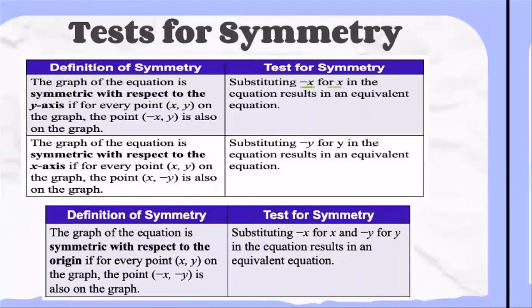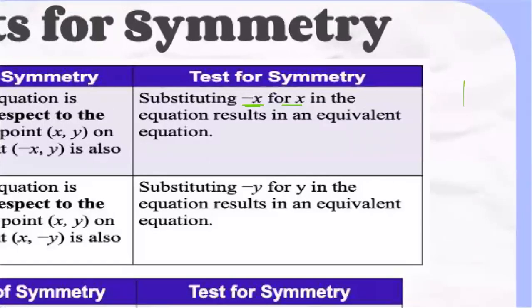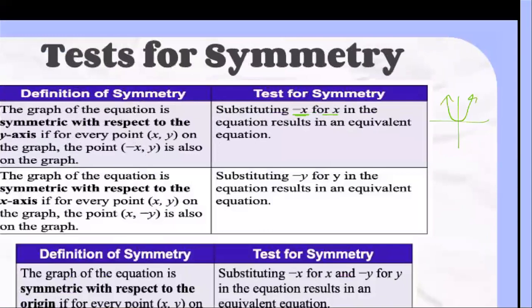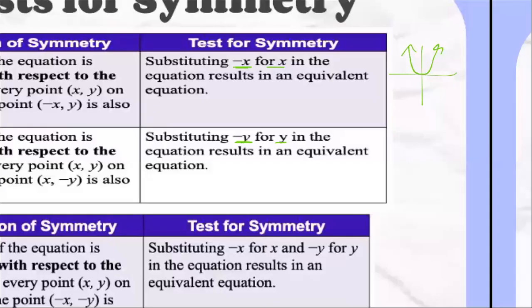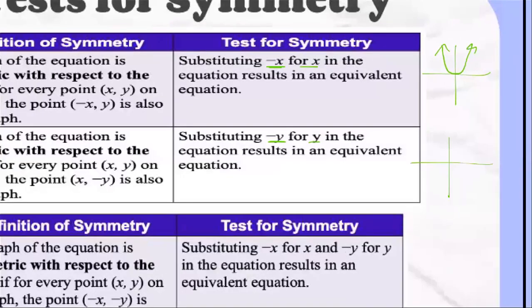If it is, then it's symmetric across the y. So that would be something like this. If you want to see if it's symmetric to the x-axis, then you plug in -y for y and see if it's equivalent.